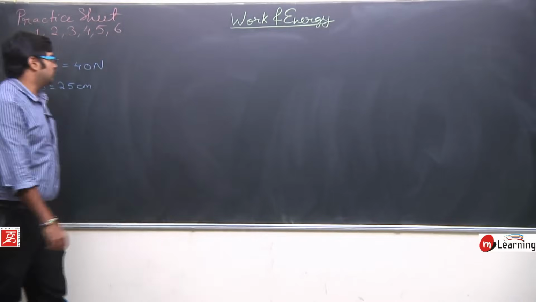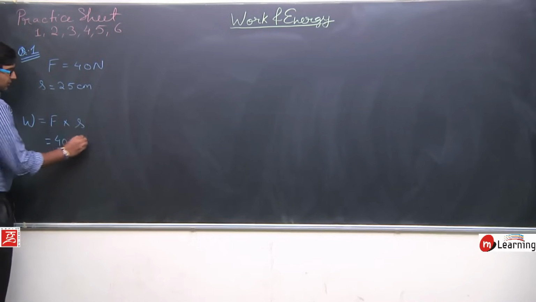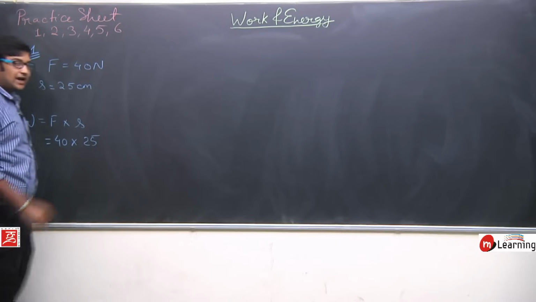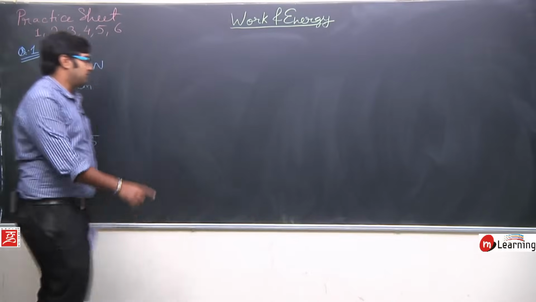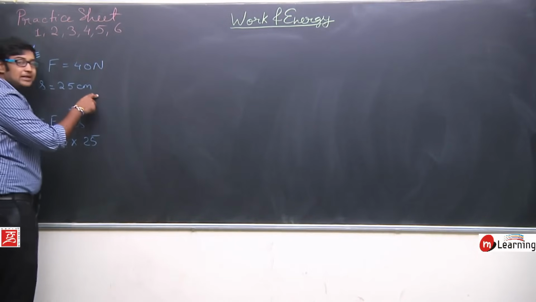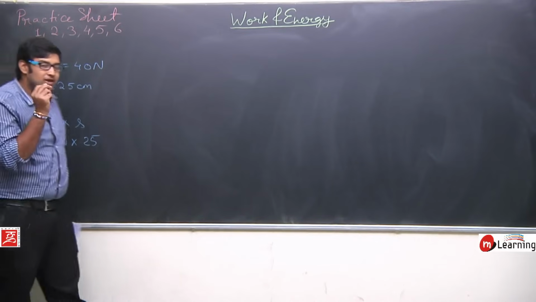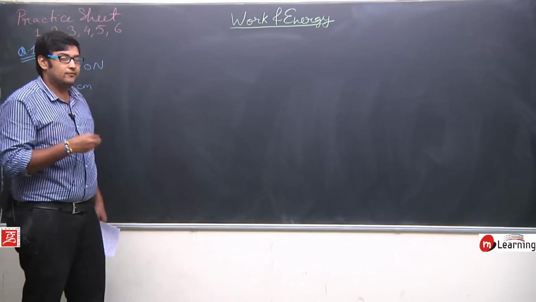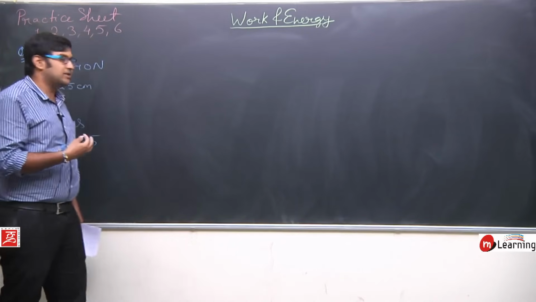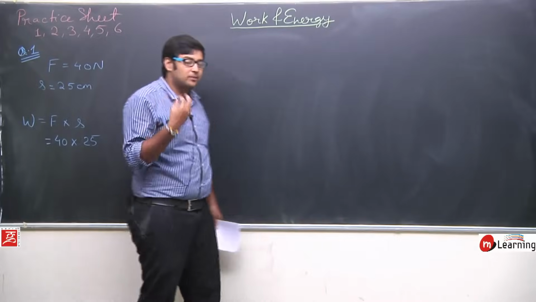Now we know the formula for work done is force into displacement, so I cannot directly write 40 into 25. Why? It's because 25 is in centimeters. But the displacement that we take is in the SI unit of displacement, that is meters.